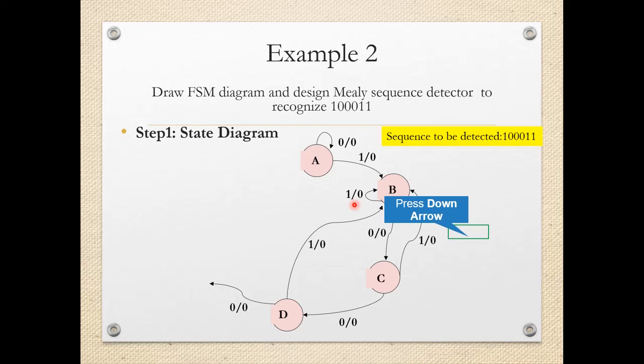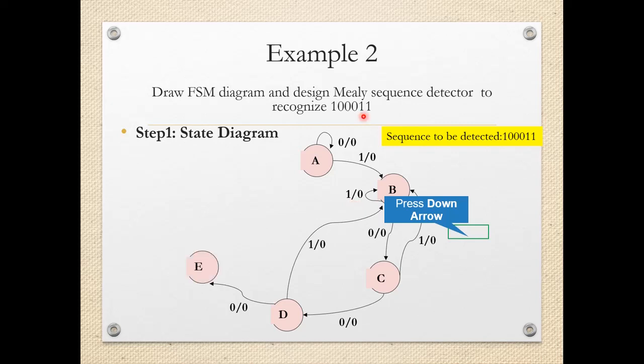Because of the same thing which I have explained earlier, this may be the start of the next correct sequence in which the 1 is already detected, means the first bit is already checked. So after this 1, again we may get the correct sequence like 1, 0, 0, 0 and then 1, 1. So that's why go to state B, otherwise the correct sequence may get skipped.